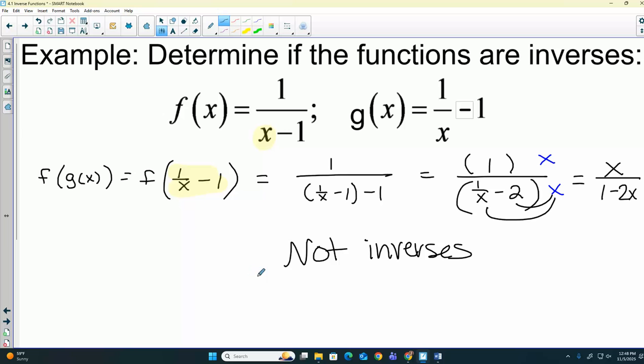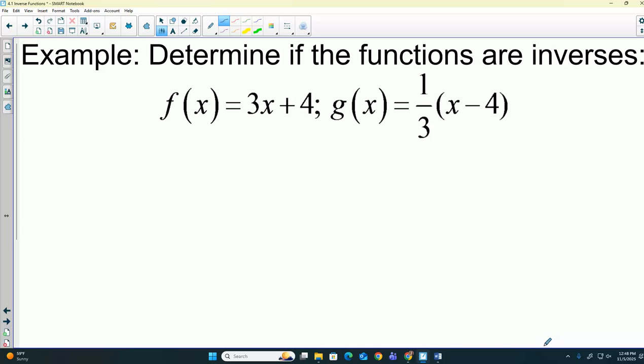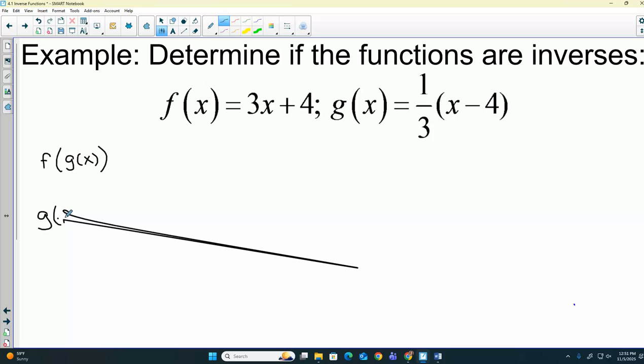Okay. I want you guys to try this one. So take a minute, see if you can figure out if these two are inverses. We have to check both compositions.